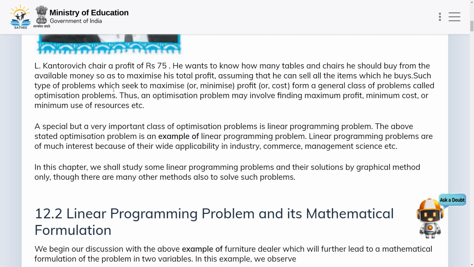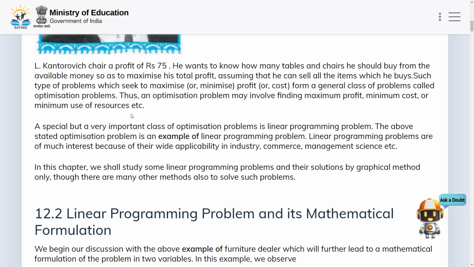Such types of problems which seek to maximize or minimize profit or cost form a general class of problems called optimization. So this chapter mainly gives us the tools for optimization. Thus an optimization problem may involve finding maximum profit, minimum cost, or minimum use of resources.